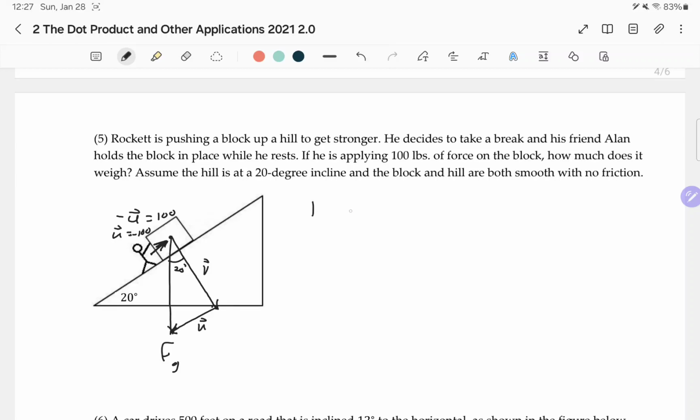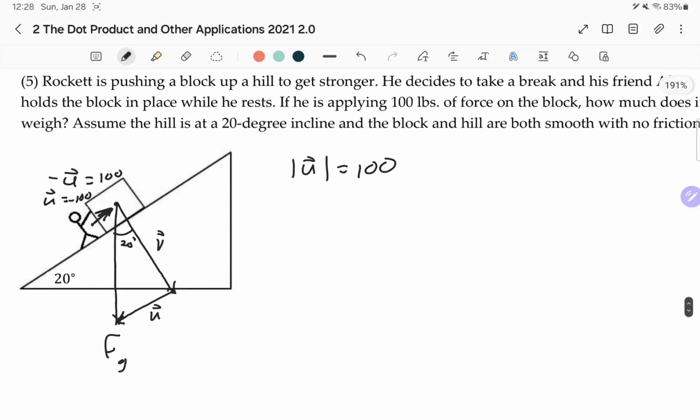If we just want to find the magnitude, we know the magnitude of U is equal to 100 because the absolute value of negative 100 is 100. So we can take sine of 20 degrees to get U over F_G, which I guess is equal to W because it's the weight vector.